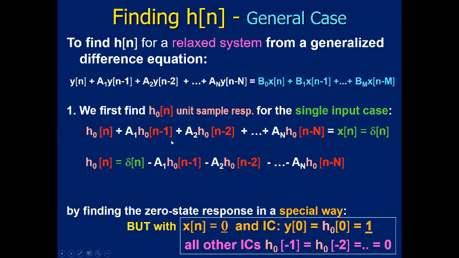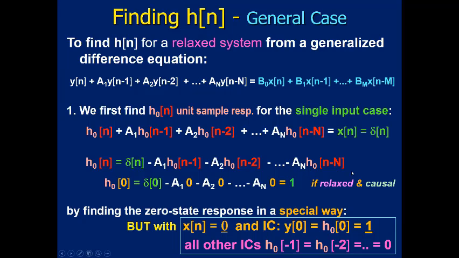So take all the h terms that are output terms, y terms, back over to the side of the equation. So we have an equation for how I compute the current value, h of n, of the unit sample response for the single input case. So again, the only thing I have left over from the original right side of the equation is x of n, which is now just a delta sub n sequence.